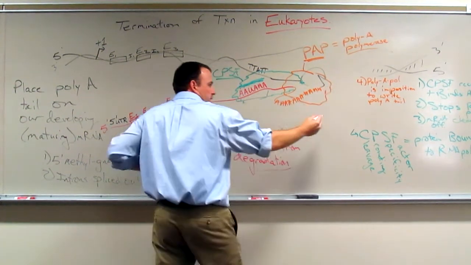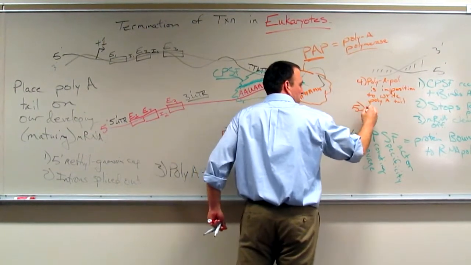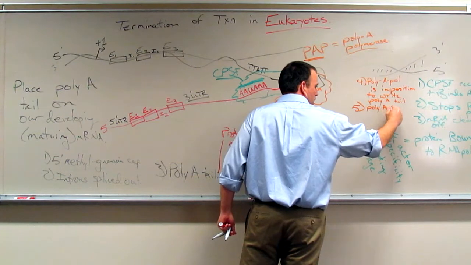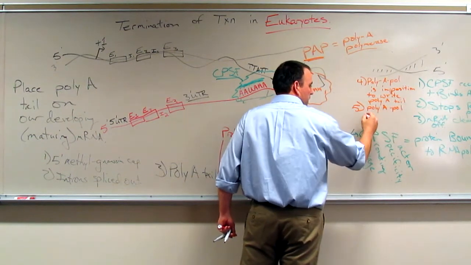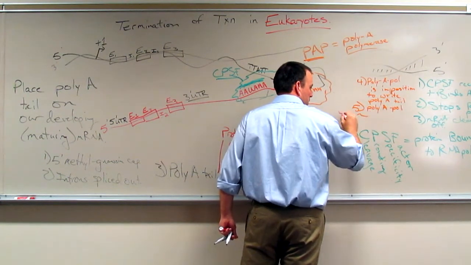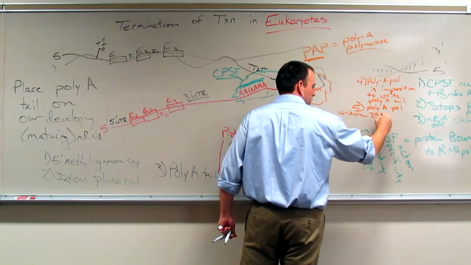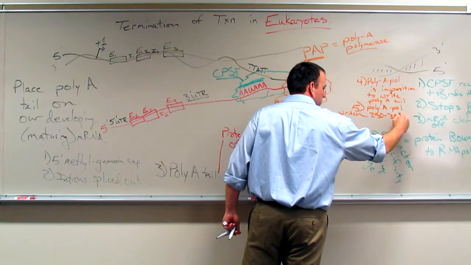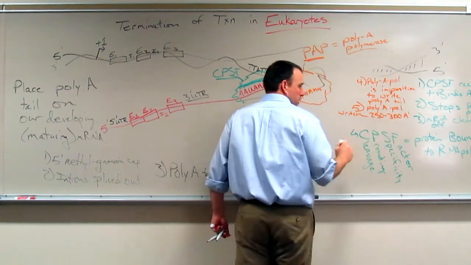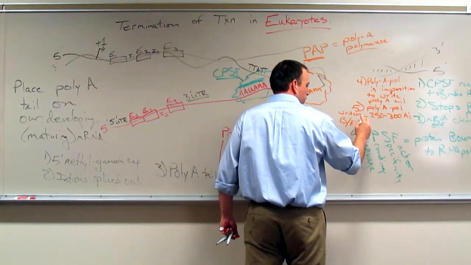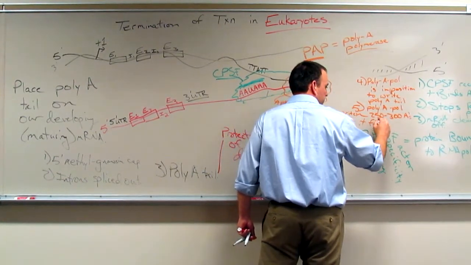And poly-A polymerase, 5, can write about 250 to 300 A's in a row before it falls off.